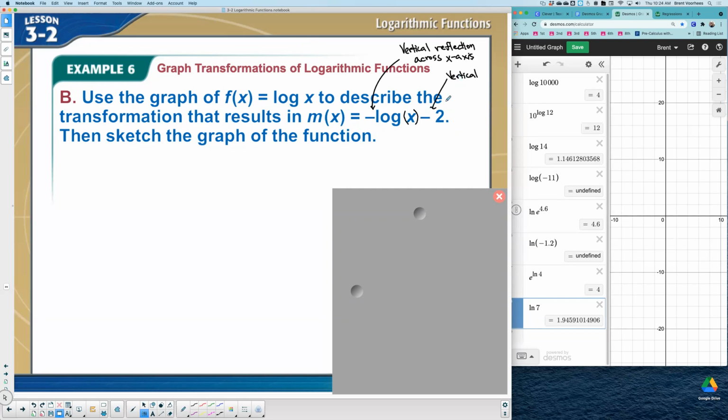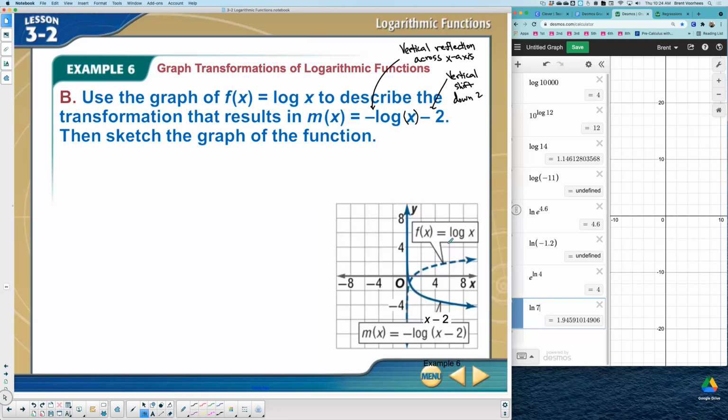This is a vertical when you subtract 2. Stretch, shrink, shift, or reflect. Shift. A vertical shift. Down because it tells the truth. Down 2. Let's see if their picture agrees. Reflection shifted down 2. So they did. We did do it correctly here. I assumed correctly.